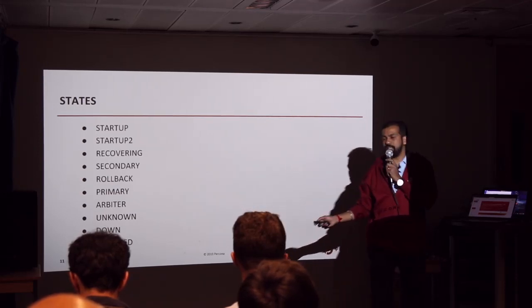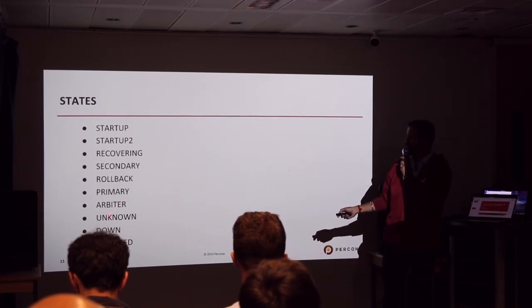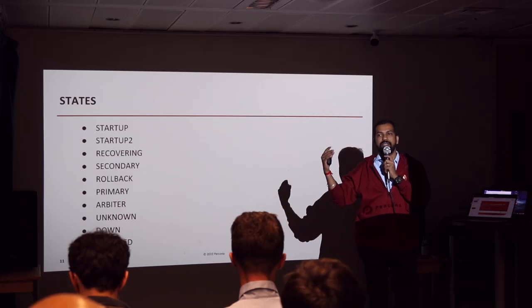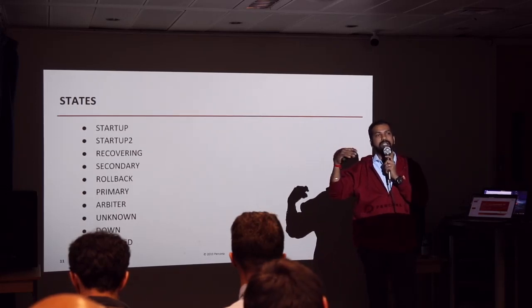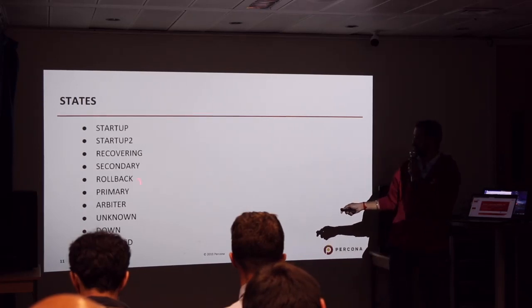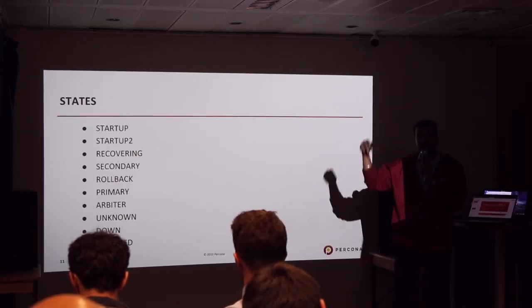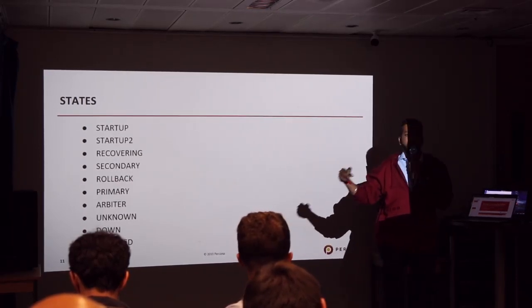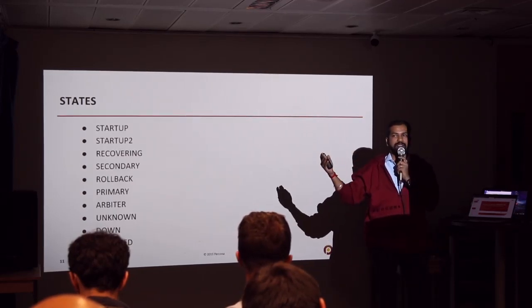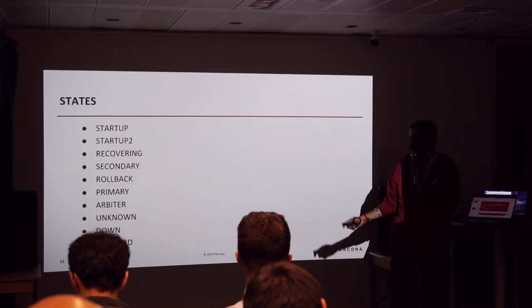In that case it needs to do a rollback. Rollback means whichever data was written into the old primary but not yet replicated to the new secondaries, it writes into the rollback directory inside the data directory itself, so that later you can decide whether you need to apply those writes or not.